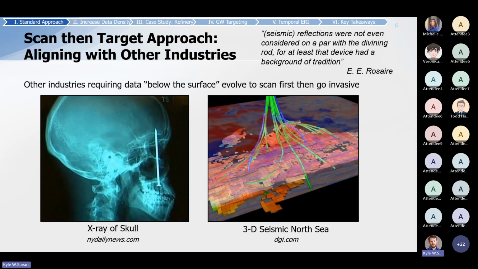But decades later, it's common practice, and if you're in that industry, you would think it would be insane to try to go drill blindly looking for oil. So we're trying to bring that same concept to the environmental industry, and that's both for groundwater resources and environmental remediation. Now, scanning tools are great, but caveat here.